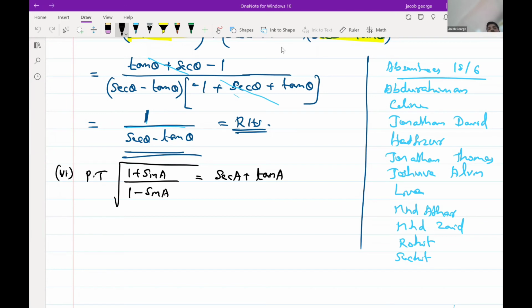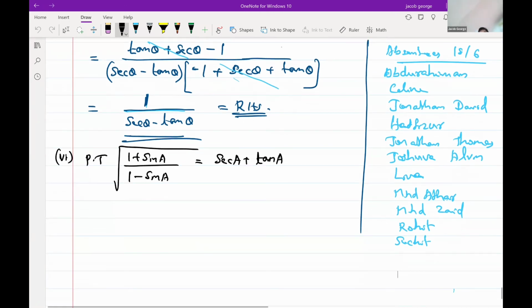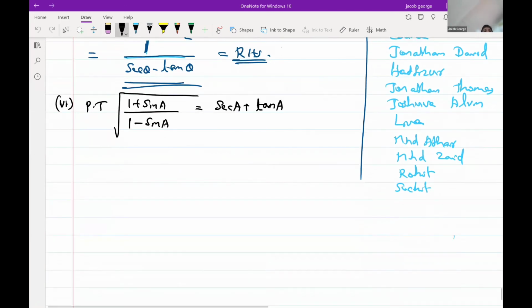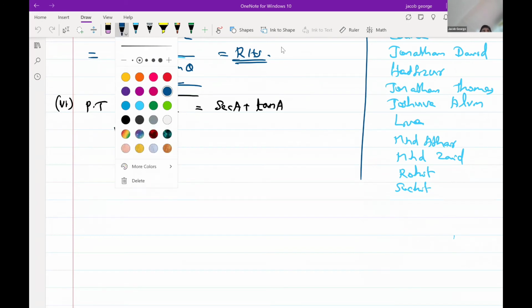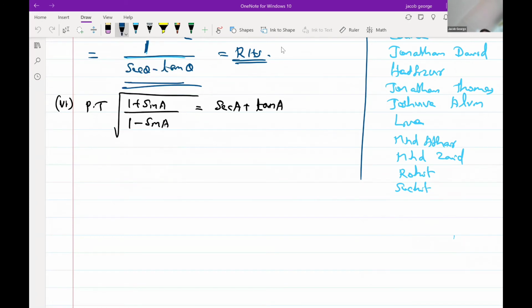Okay, so in this type of root expressions, you will multiply by the conjugate of the denominator, exactly similar to rationalizing the denominator. You will multiply by changing the middle sign of the denominator. If it is 1 minus sin A, you will multiply by what? 1 plus sin A on both numerator and denominator. So this is the starting step.